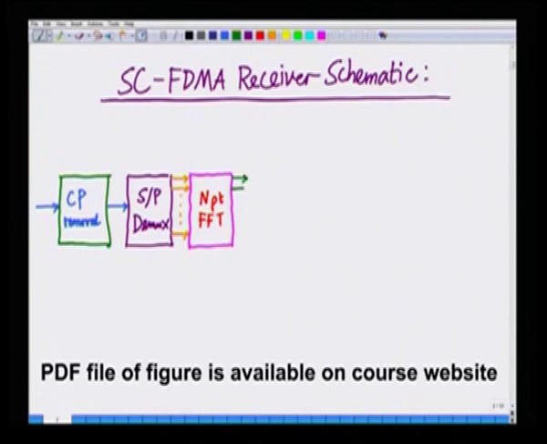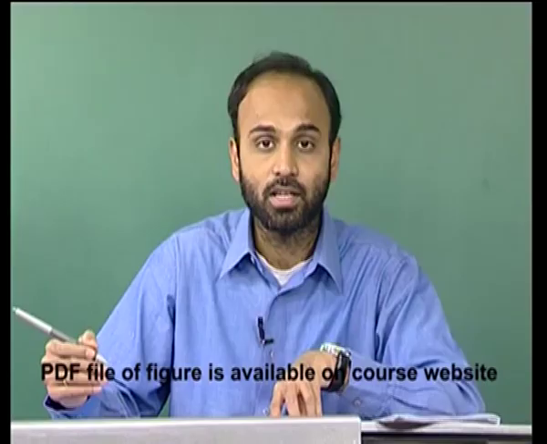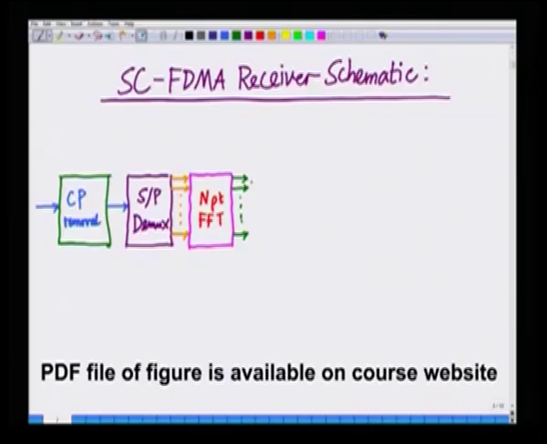Now, after I perform the N point FFT, I am going to have to equalize these symbols. Previously, remember, we had a detection, but before detection now we have to equalize, because this is a single carrier system. So we equalize across each subcarrier and then do a demapping.